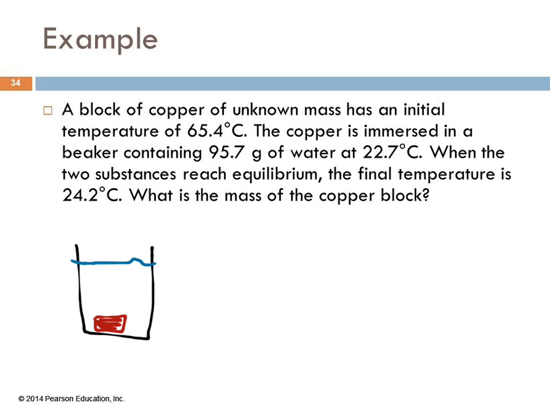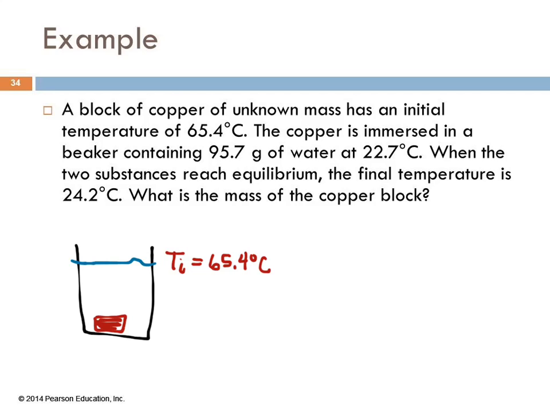There, it's red. So that was hot, and the other thing was cold. So I'm going to use colors to help me organize here as well. So we don't know the mass of the copper. We know the initial temperature of the copper, right? The initial temperature for the copper is 65.4 degrees Celsius.